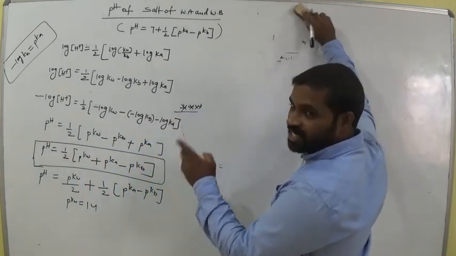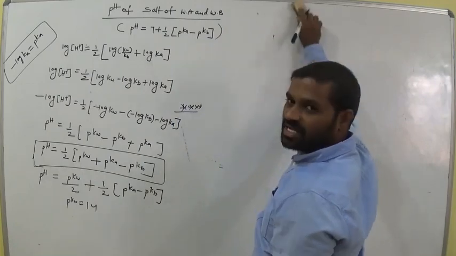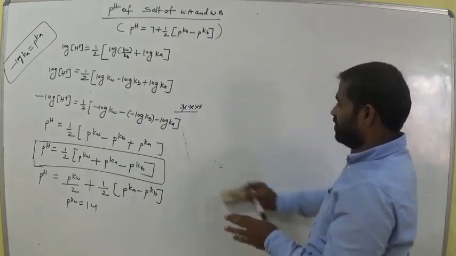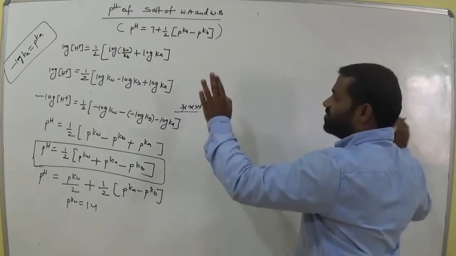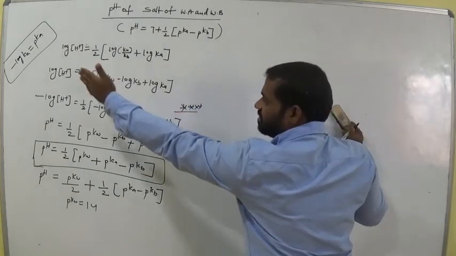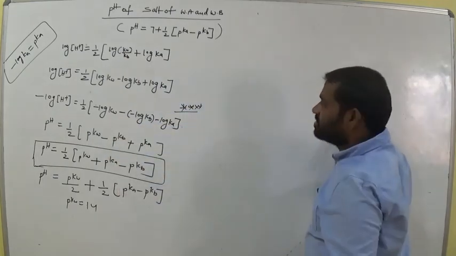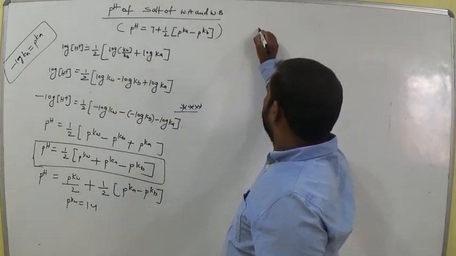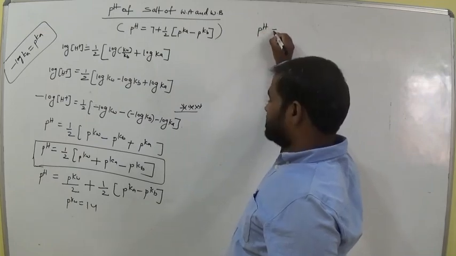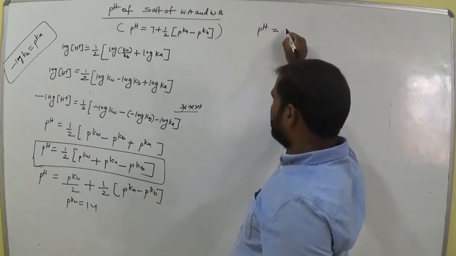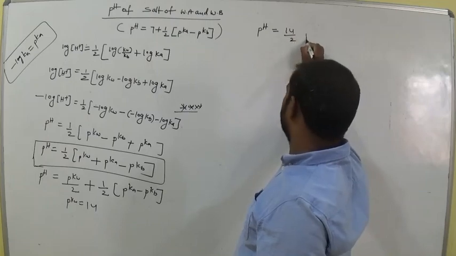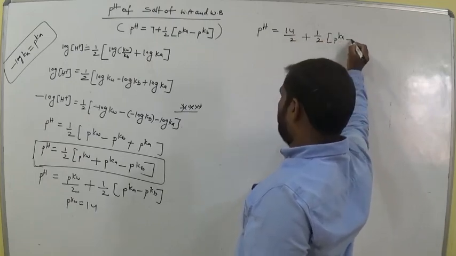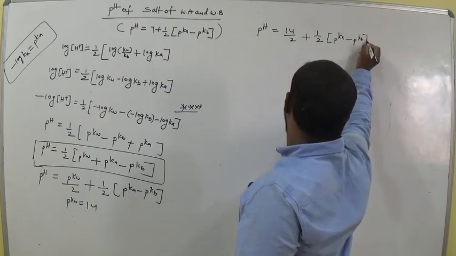This is the total derivation for the pH of a salt of a weak acid and weak base. Okay, is it clear? Very, very important derivation, but we should remember this, and the formulas which I wrote there are a must. pH is equal to pKw, whose value is 14. Now 14 by 2 plus half of pKa minus pKb.